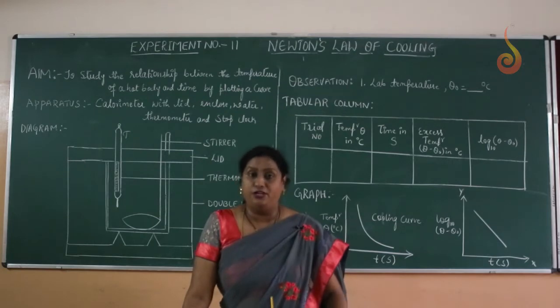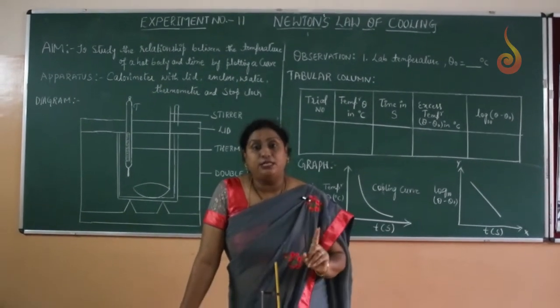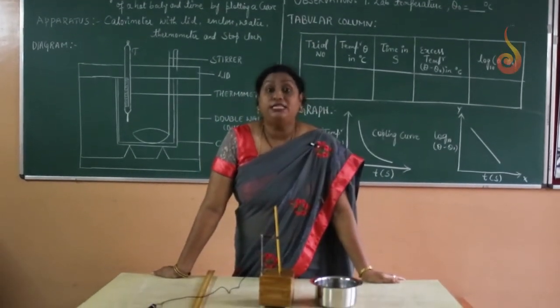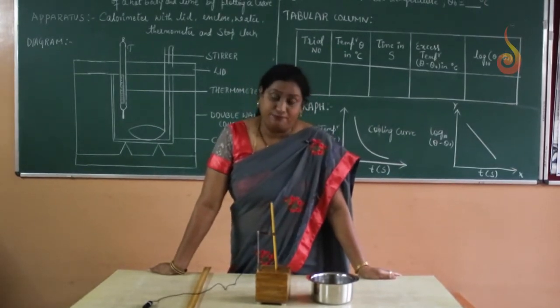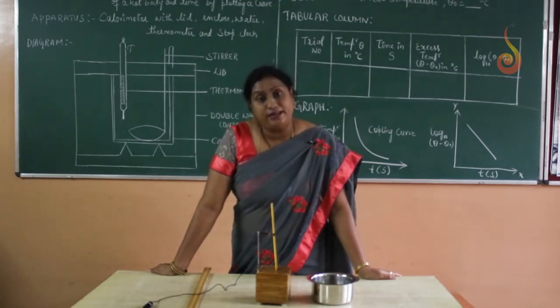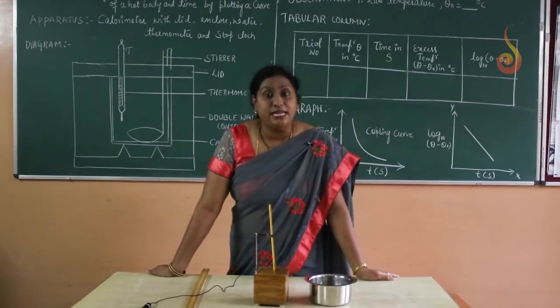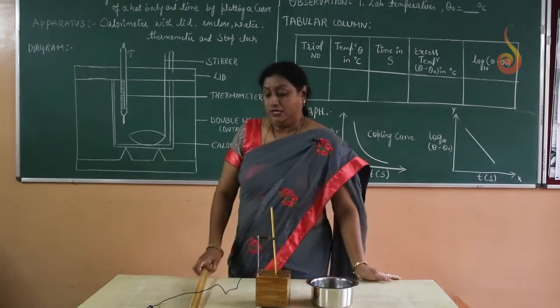If you ever notice, you can say that the rate at which the hot body becomes a warm body is much quicker than the later case. That is because the rate at which a body cools down is directly proportional to the temperature difference between the hot body and its surroundings.